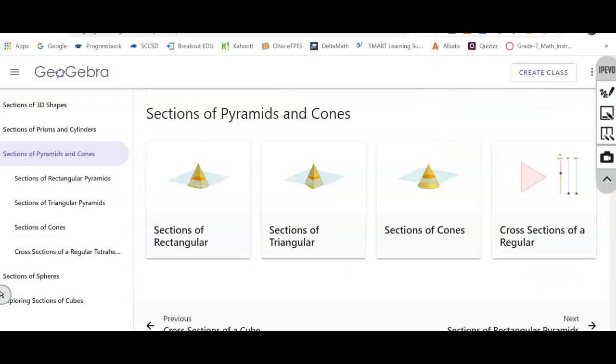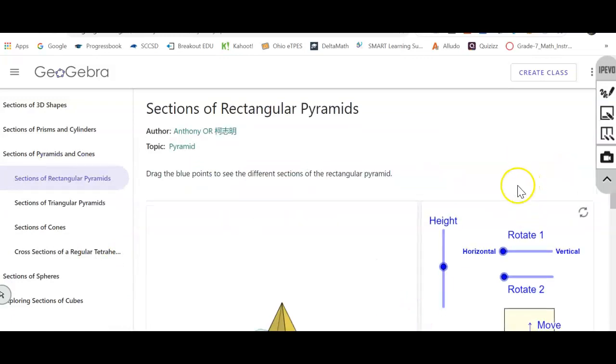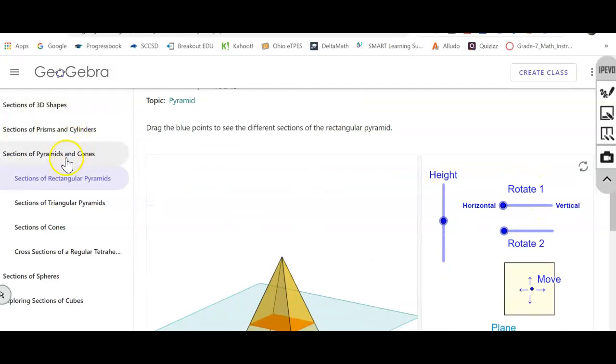All right, let's do pyramids. So let's look at a rectangular pyramid. Off to the left-hand side, click on pyramids and cones, then rectangular pyramids.